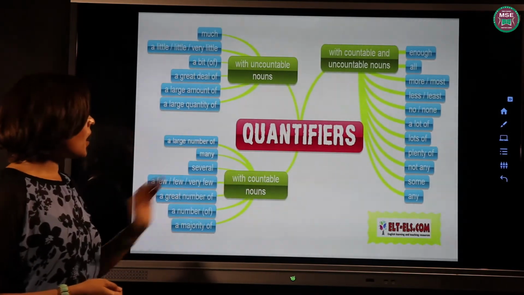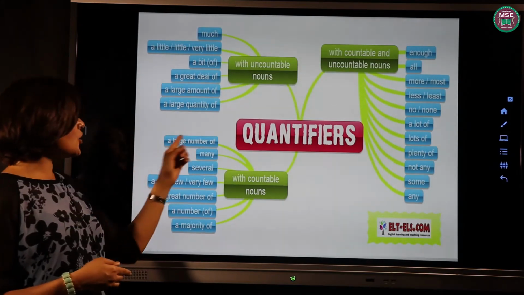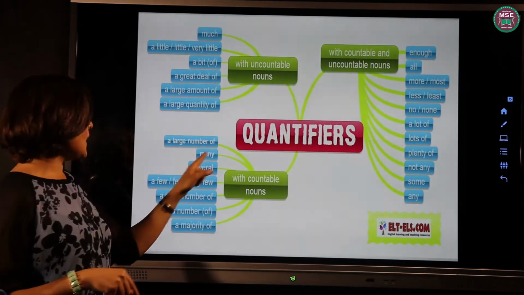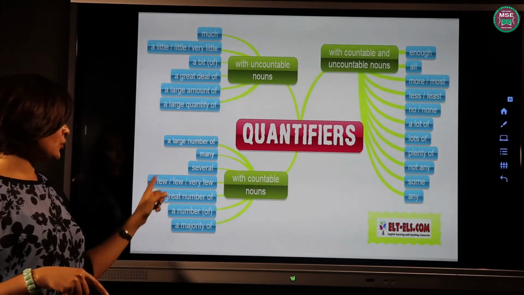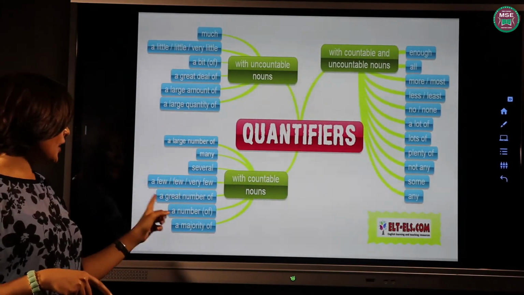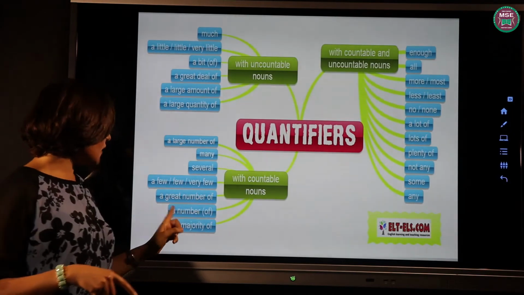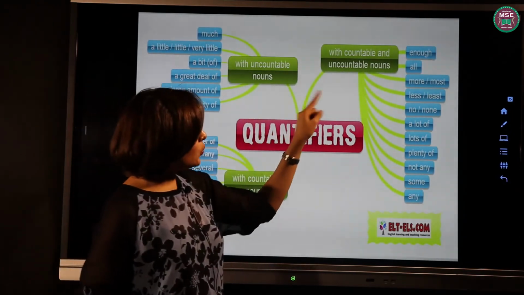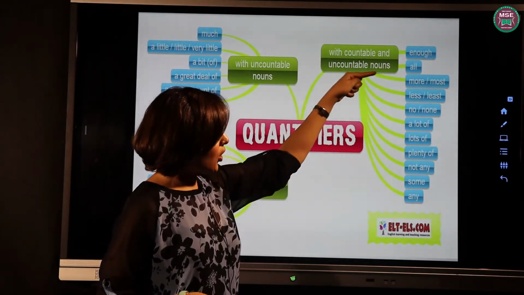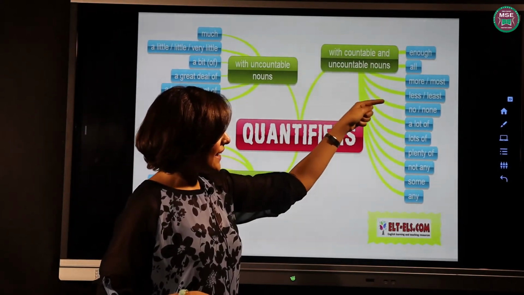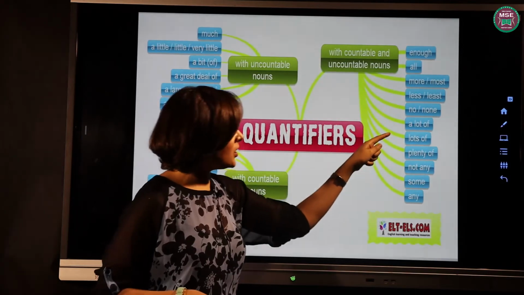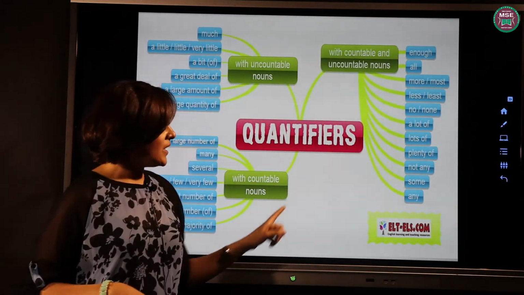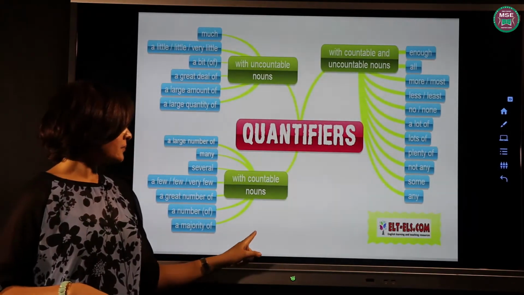And with the countable nouns, we use a large number of, and again, number means that I can count them, many, several, a few, few, very few, a great number of, a majority of. And with both, we can use enough, all, more and most, less and least, no and none, a lot of, lots of, plenty of, not any, some, and any.